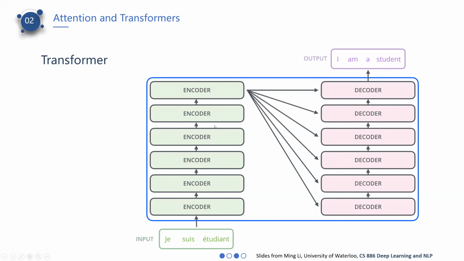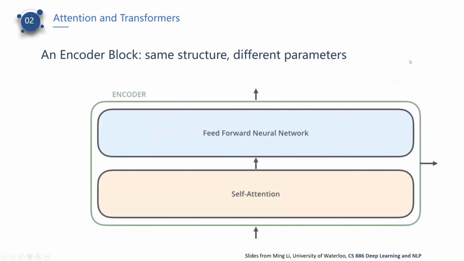The input goes into the encoder, and the output comes from the decoder. Each encoder block has the same structure but different parameters, like layers in your CNN. The main things, as I said, are the self-attention, which I just explained, and the feed-forward neural network.